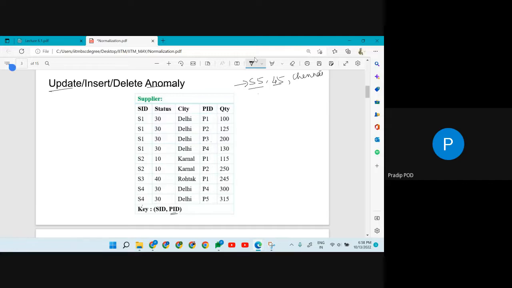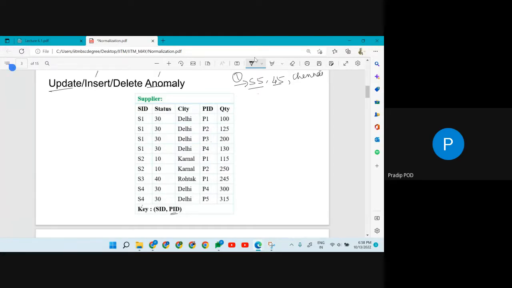That is called the insert anomaly. Is it clear? You cannot insert this value in this table because he has not supplied any product. So that is the insert anomaly.